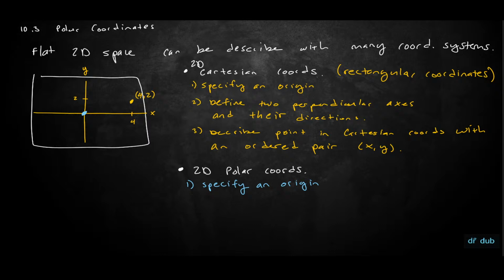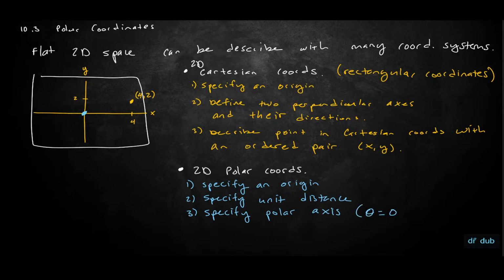We have to specify a unit distance, and then specify a polar axis, i.e. theta equals 0 degrees, or 0 radians.